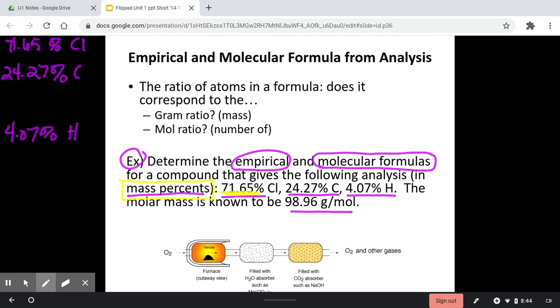Now, these are in percent by mass, which means that we can play with these as well. Again, ratios are going to be your favorite thing.